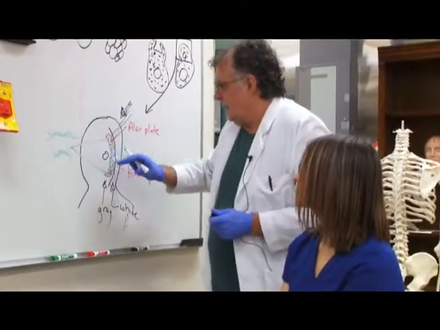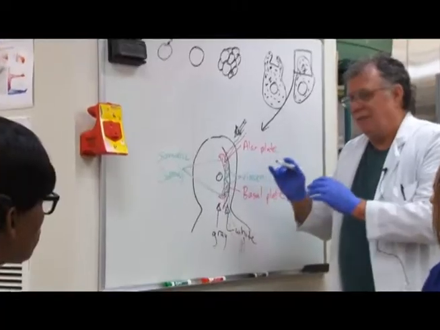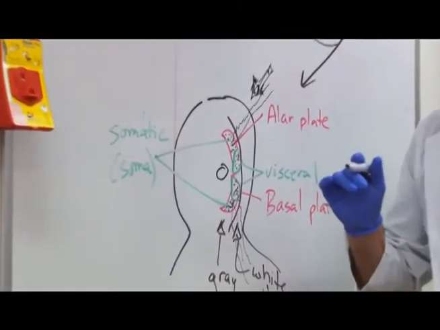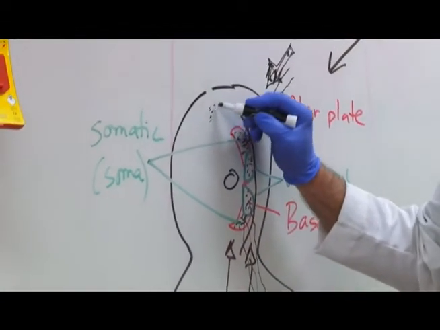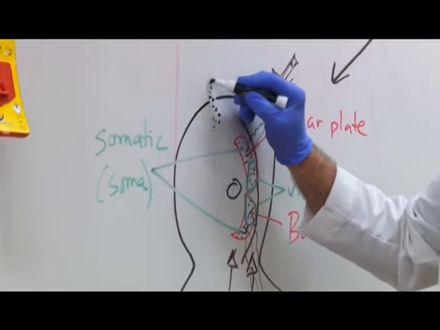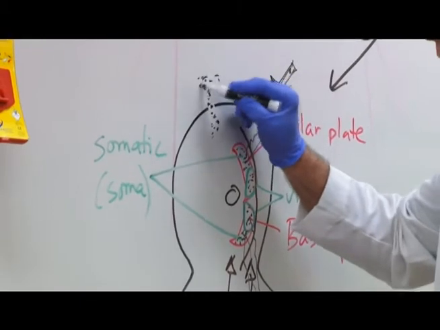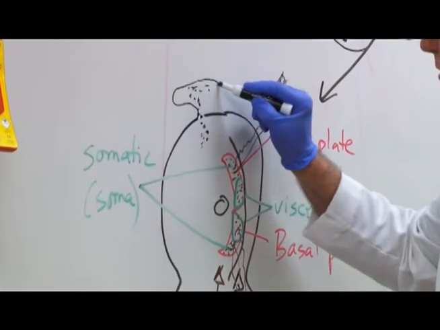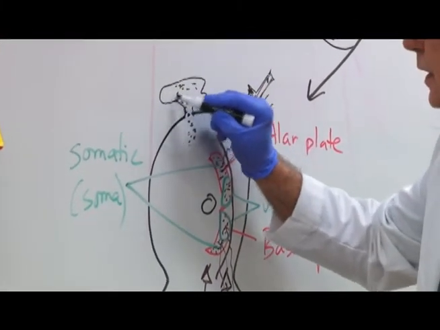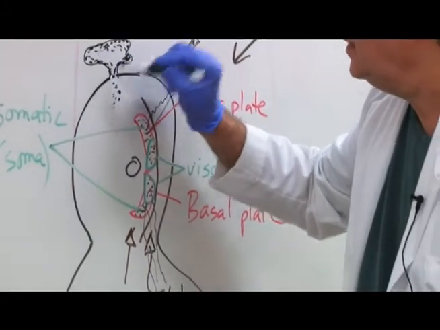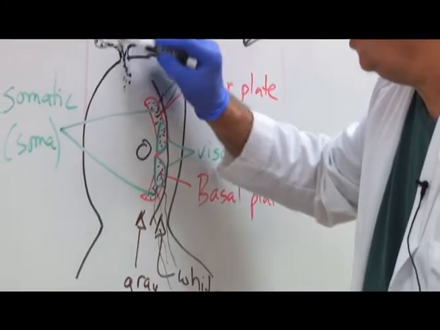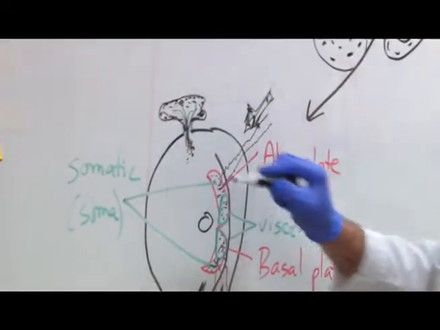Cortex is the last thing I'm going to have to show. But at a certain point during development, cortex appears. What happens is cells migrate out and form a layer, and they go to the outside, and they pass fibers on into the inside.